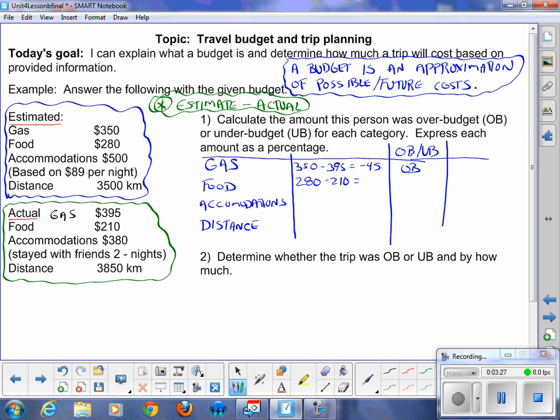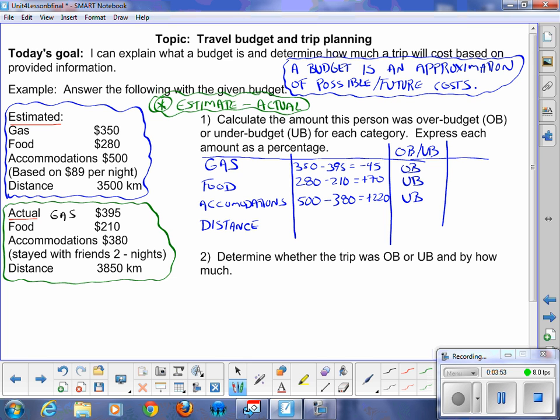When we do that, we are positive 70. That means that we saved money with the plus, so we're under budget there. And the last one that deals with money is your accommodations. We predicted 500, and we actually only spent 380. So that leaves plus 220. So we are definitely under budget here.